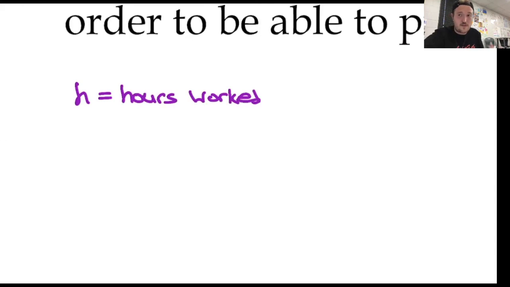So I'm going to say X represents, or you don't actually always have to use X. Since we're talking about hours, I'll say H equals hours worked. You could use X, you can use R, you can use S, you can use happy face, sad face, literally whatever works.